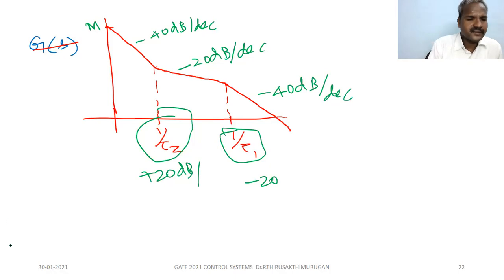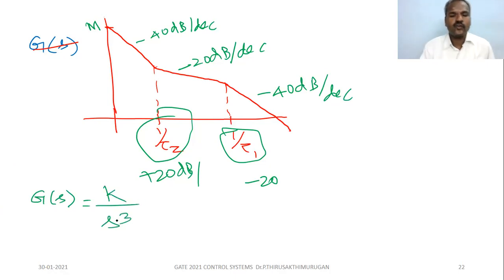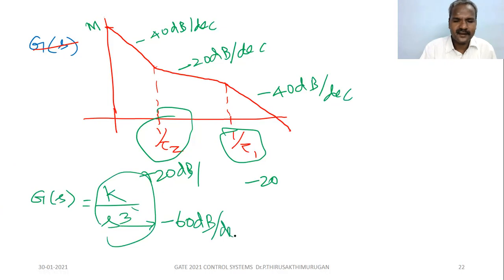Suppose G(s) equals K by s cube, that is three integrators in the denominator. What is the total slope? Minus 60 dB per decade. This factor contributes minus 60 dB per decade initially.